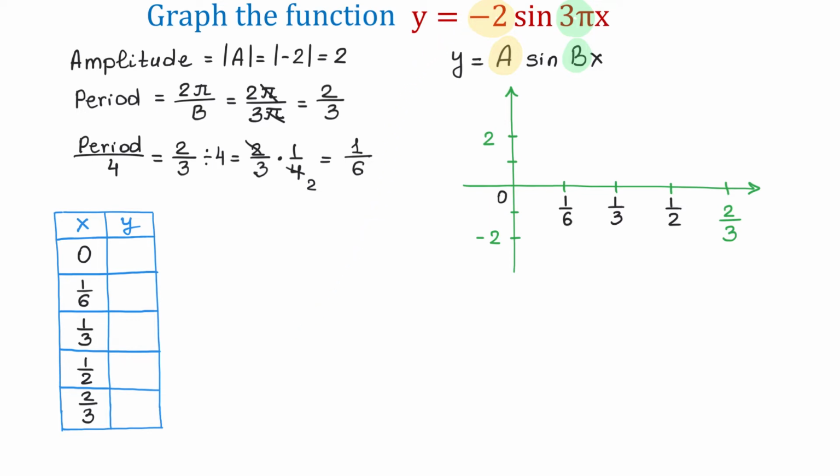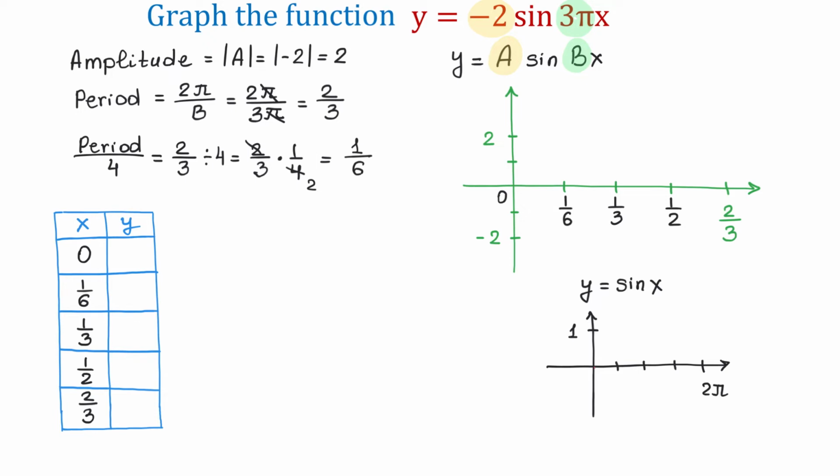But before we do that, let's see if we understand the behavior of this function on the interval from 0 to 2/3. Recall that the basic sine function is y equals sine of x, and for this function, the amplitude is 1, and the period is 2 pi.